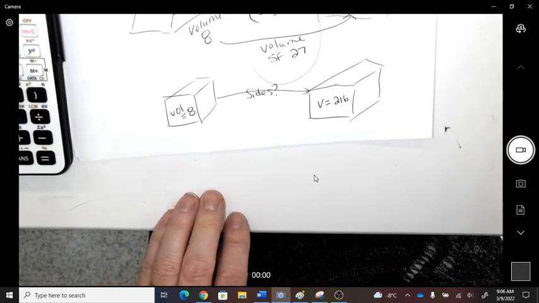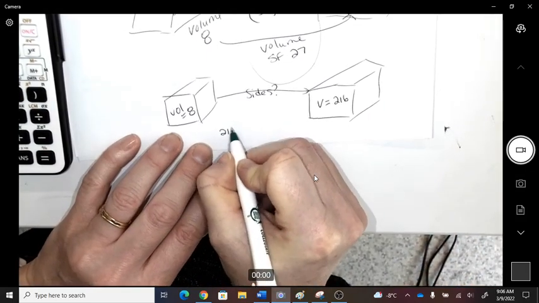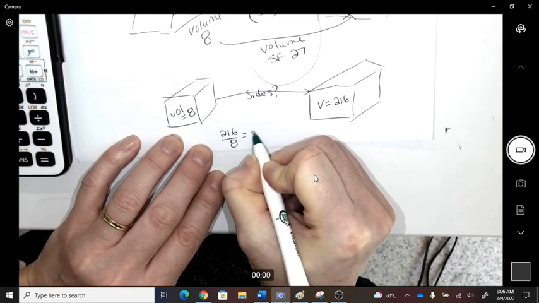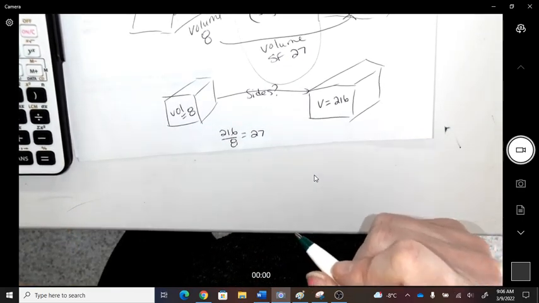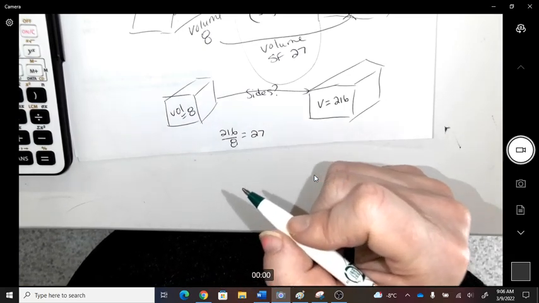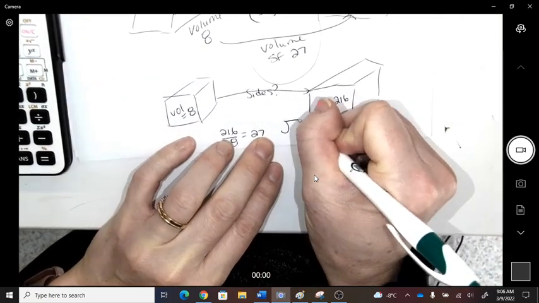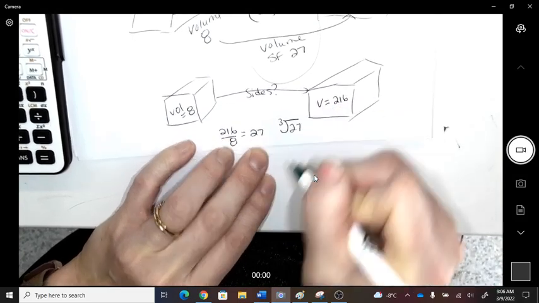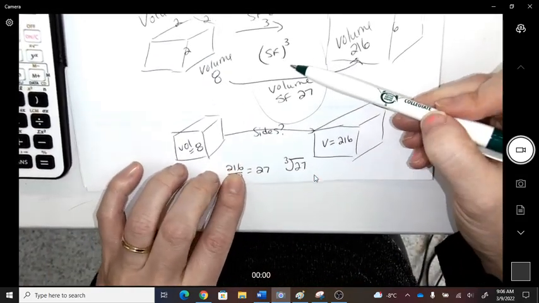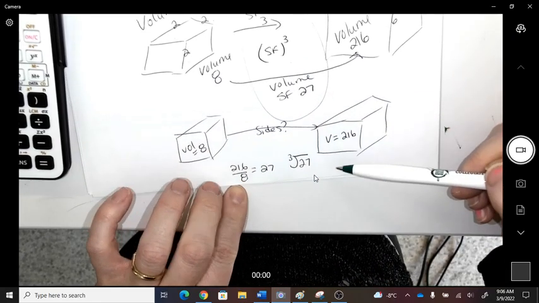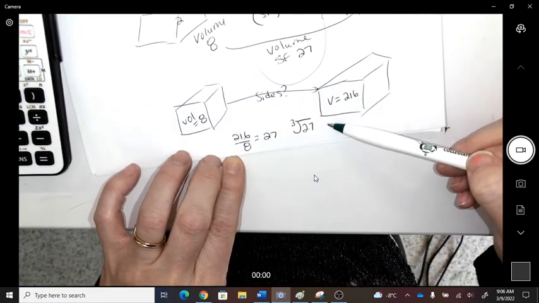So I'm going to go 216 divided by 8, which makes 27. But this is volume, so how do I work backwards with volume? I cube root it. This was cubed, and now to work backwards I have to cube root it.